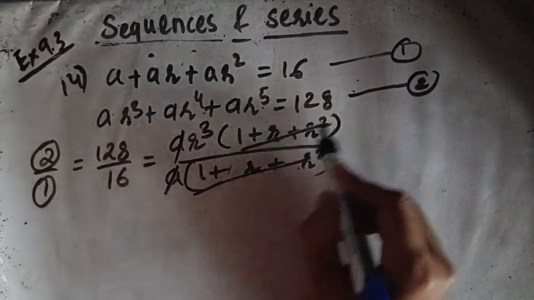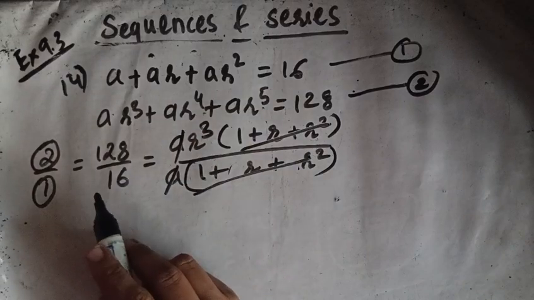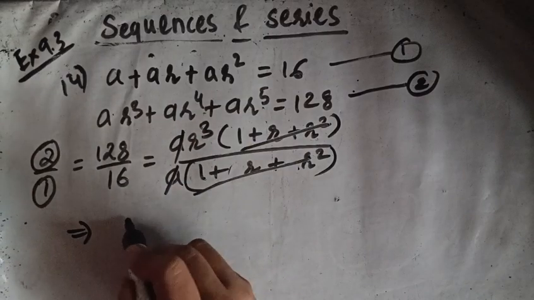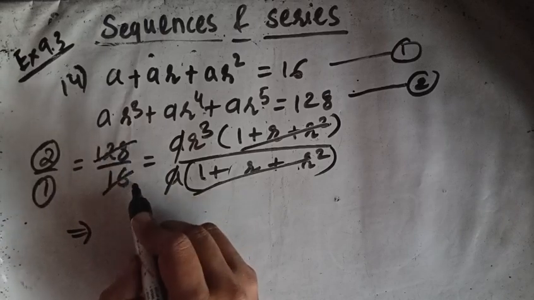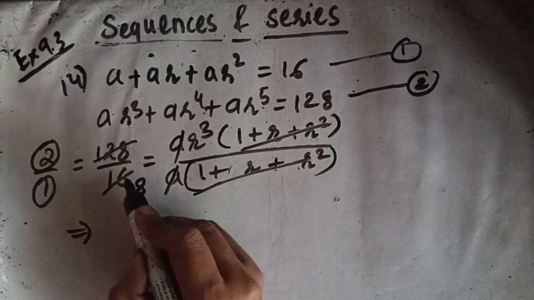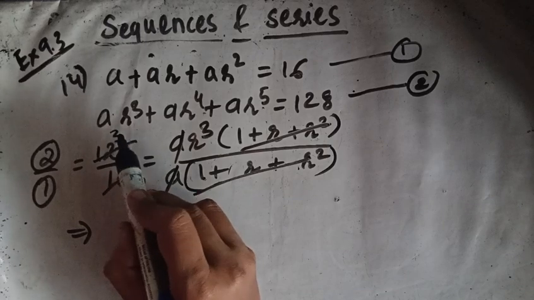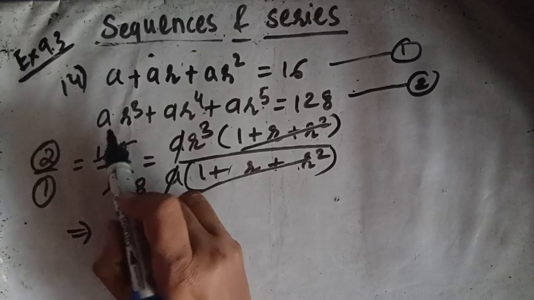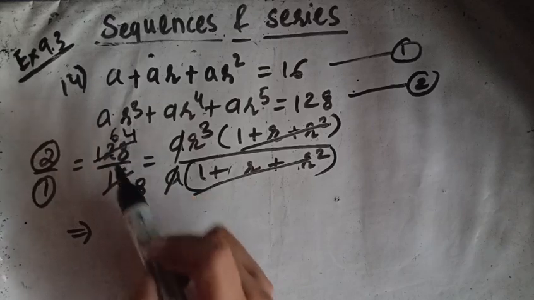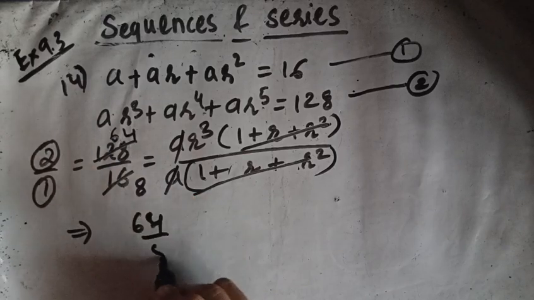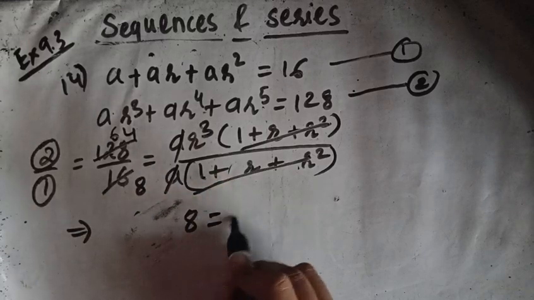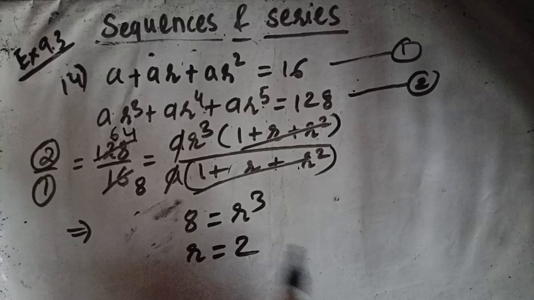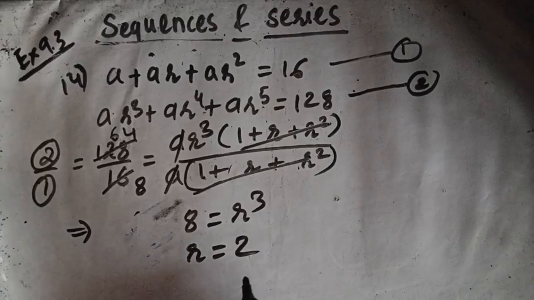Okay. So r cube is 128 upon 16. This you can cancel. 64 by 8. So 8. 8 is equal to r cube. So r is equal to 2. Okay, so you got r.